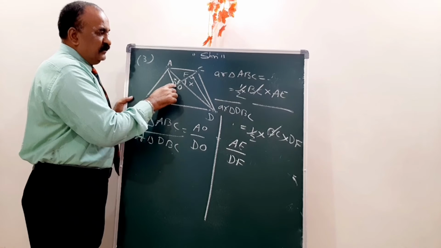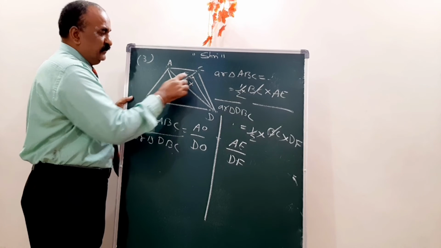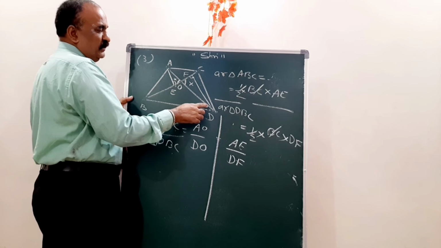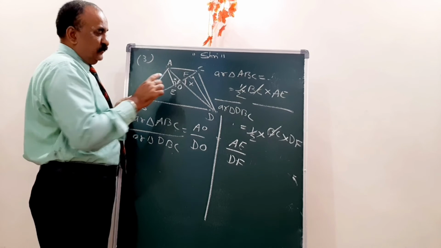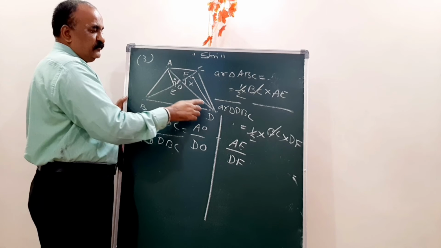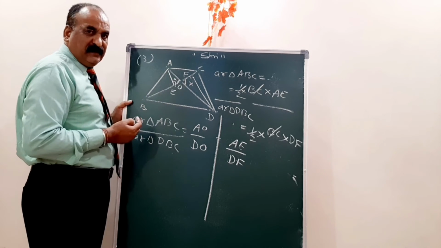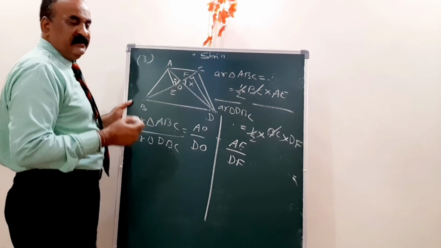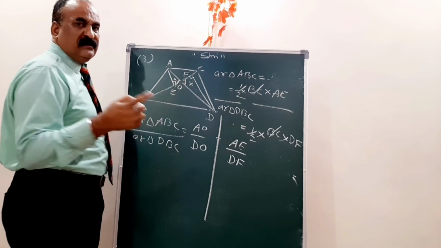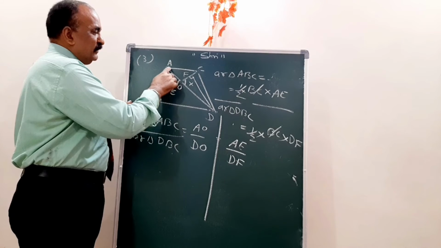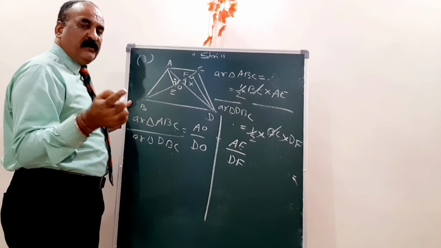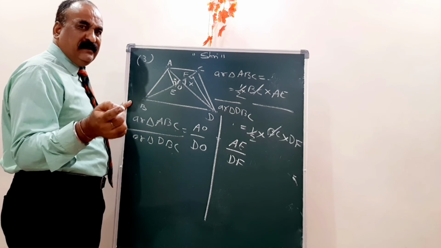Angle E is equal to angle F, 90 degrees, and angle AOE is equal to angle DOF, vertically opposite angles. It means both the triangles are similar. Triangle AOE is similar to triangle DOF by angle similarity.